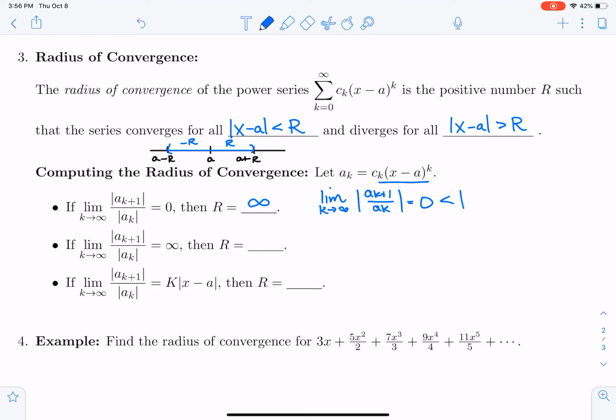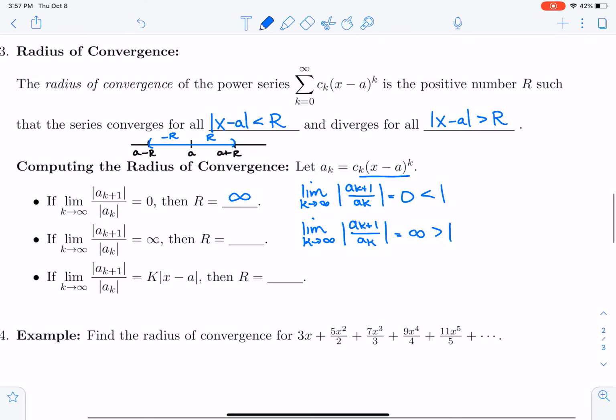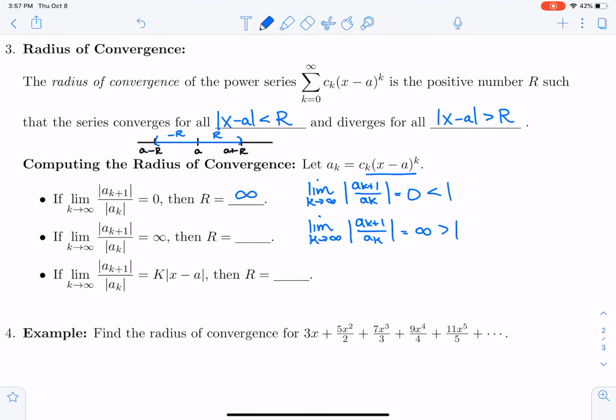Now, if the limit as k goes to infinity of the ratio of the terms is equal to infinity, that's always going to be bigger than 1. And so we say that the radius of convergence here is 0.